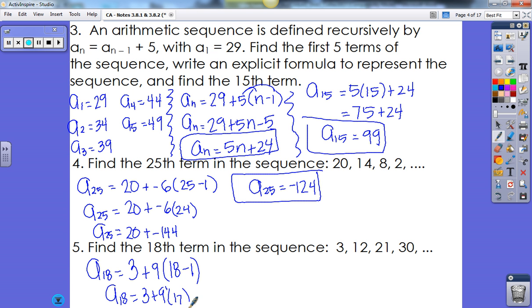So I've got 9 times 17, which gives me 153. So 3 plus 153, and I add that, I get 156. So my 18th term in this sequence, if I were to list all these out and get to the 18th term, it would be 156.